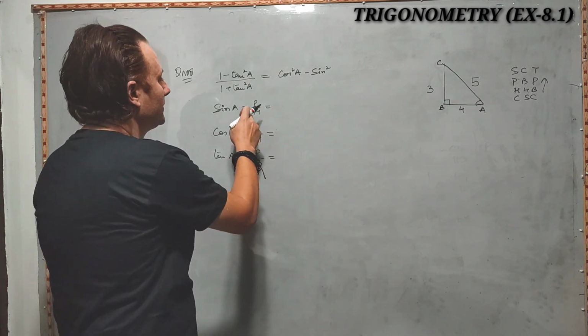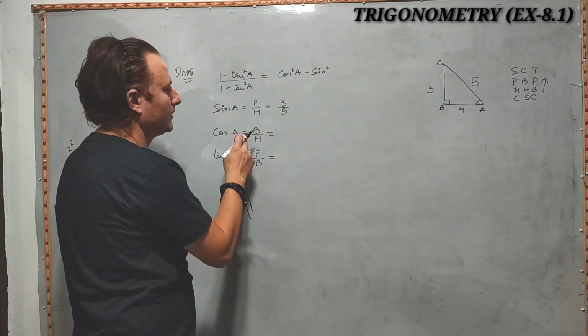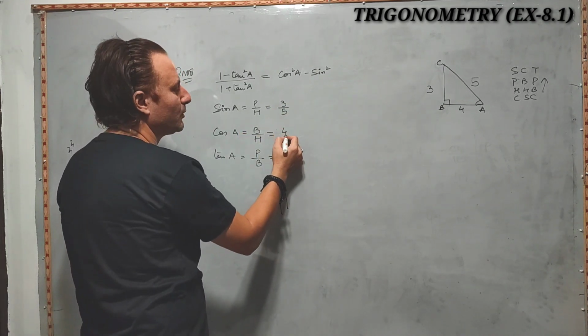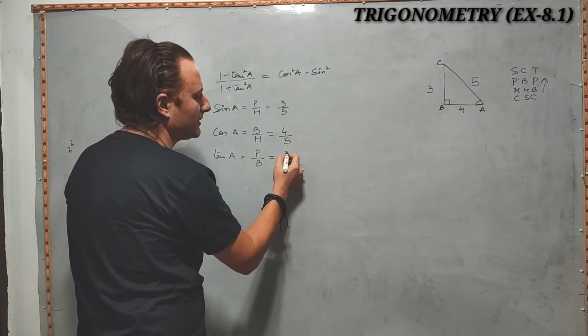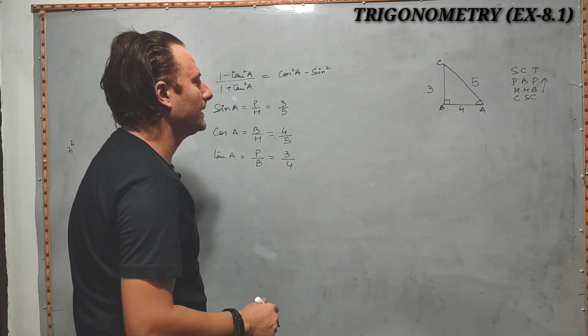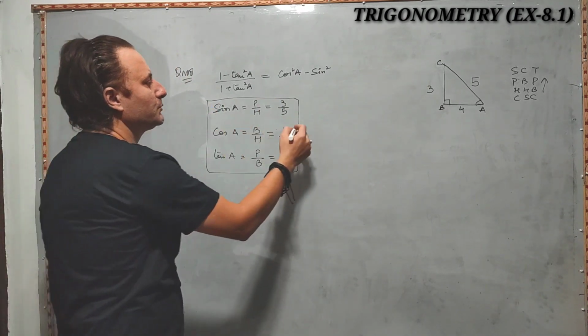Now sine perpendicular upon hypotenuse, so that is 3 upon 5. Cos base upon hypotenuse, that is 4 upon 5. Then we have tan perpendicular upon base, that is 3 upon 4. Okay, now I have the values here. Let us put these values.